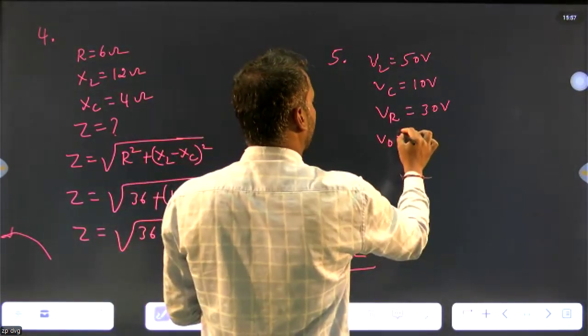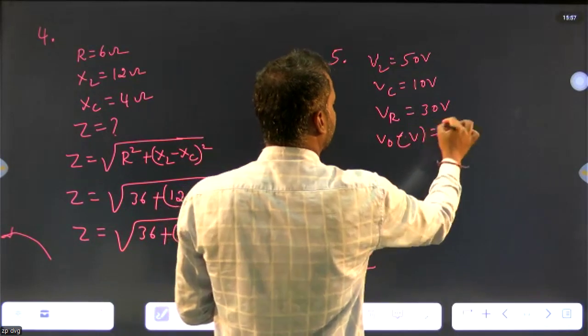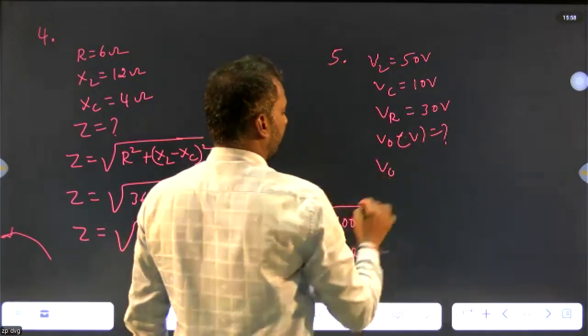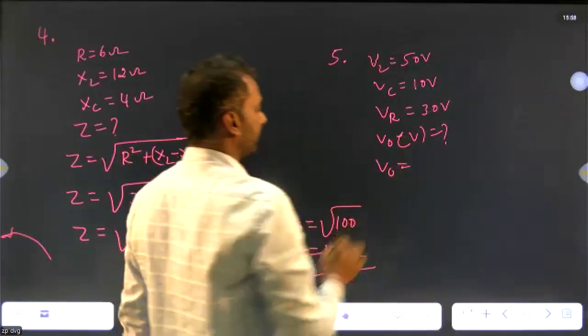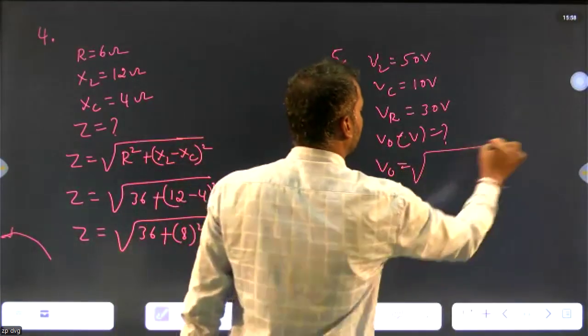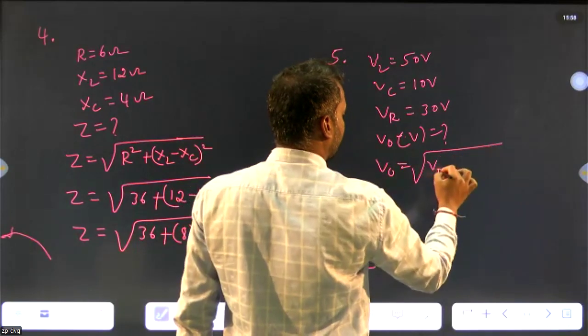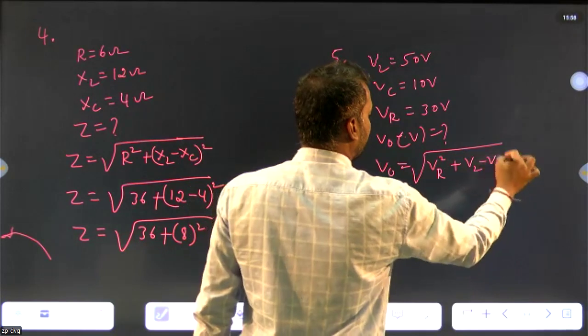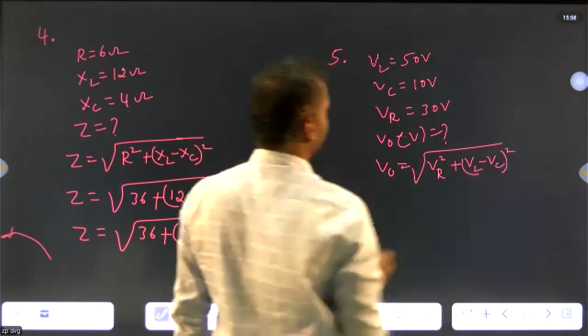Peak or resultant voltage V naught is equal to root of VR square plus VL minus VC whole square.